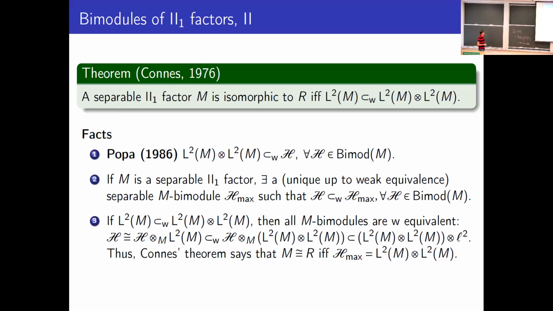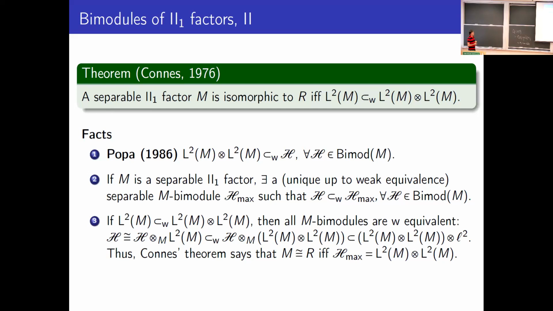And now the cotensor product behaves well with respect to weak containment. So I'll have that this will be weakly contained in the tensor product of H with the coarse bimodule. But now M on the left only acts on the first copy, which will be absorbed into H. So yes, we will get that the third bimodule is contained actually in an amplification of the coarse bimodule.